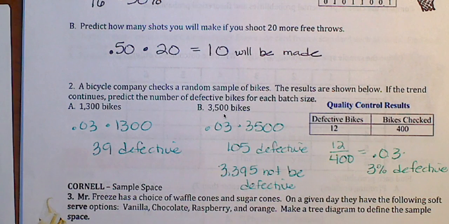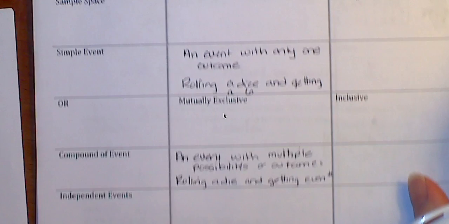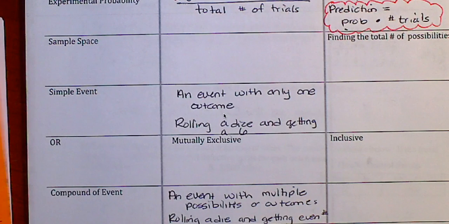Okay. All right, the last one in this little section on our Cornell sheet is sample space. Many of you have found sample space before, I think, because sample space is often when we use a tree diagram.